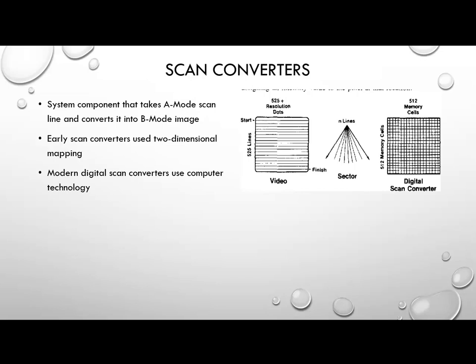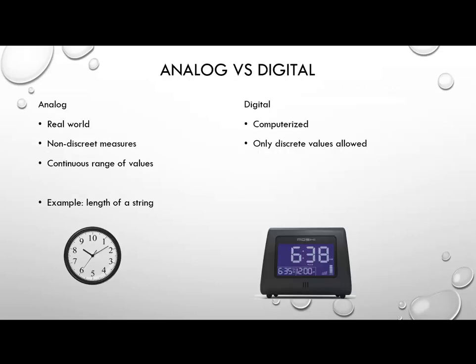Early scan converters utilized what we call two-dimensional mapping and were known as analog systems. These analog systems were very prone to flicker and poor image display.